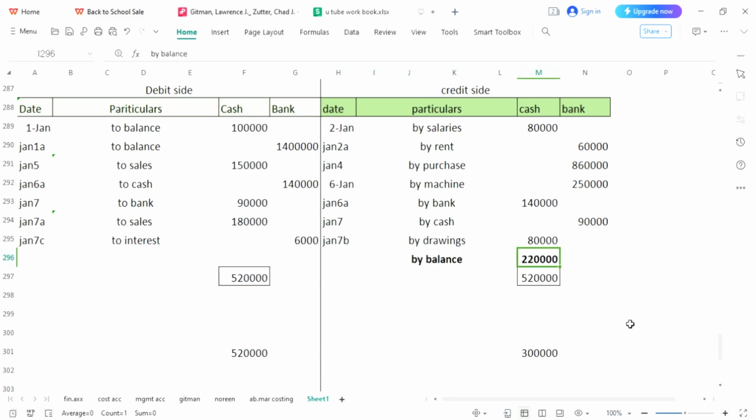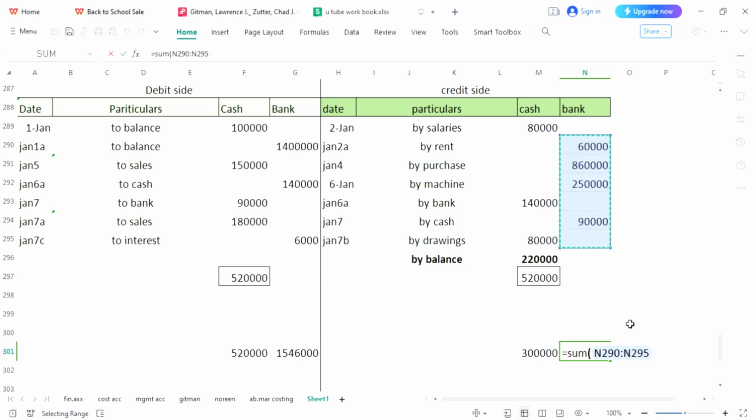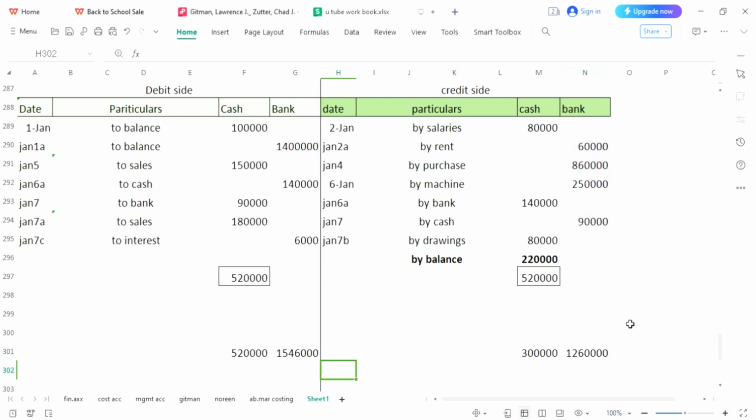And now next step, you will be doing the same thing, taking the sum of the debit side of bank and taking the sum of the credit side of the bank. Again, you will make a comparison.